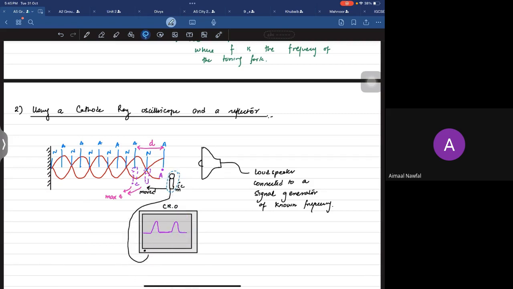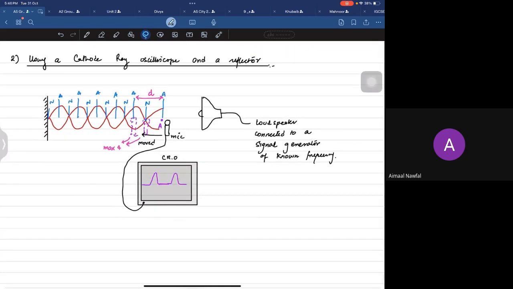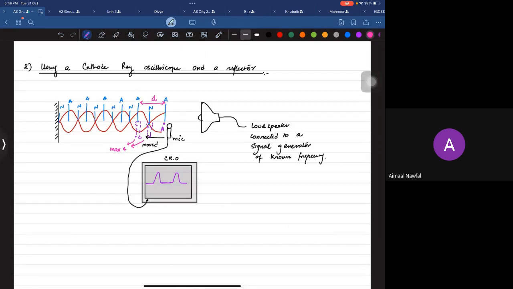So if I could find the distance I have moved from this point to this point, which is when the CRO shows two maxima, I can know that this is the antinode to antinode distance. Is that clear? Yes. Like that. So this is my idea that I'm using to find the speed of the wave. You can't see the red wave or the antinode. You just have to see it from the CRO. Get it?